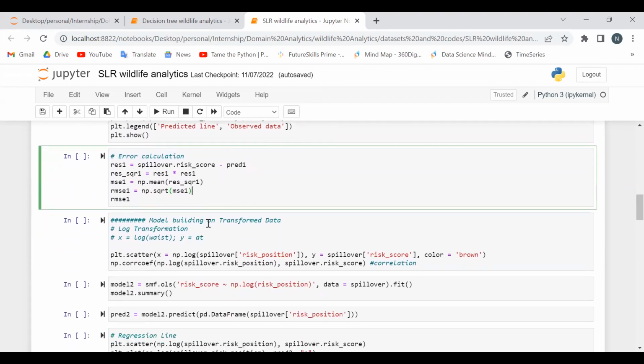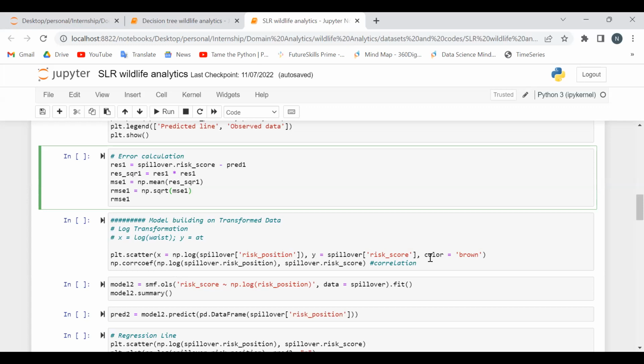We build the model on transformed data. So we did the log transformations, x is equal to log of the predictor, y is equal to the risk score. Here, scatter, x is equal to np.log of spillover, and y is the spillover risk score.